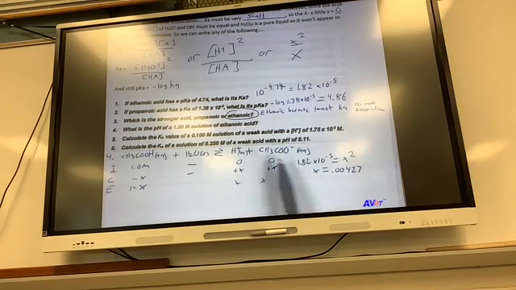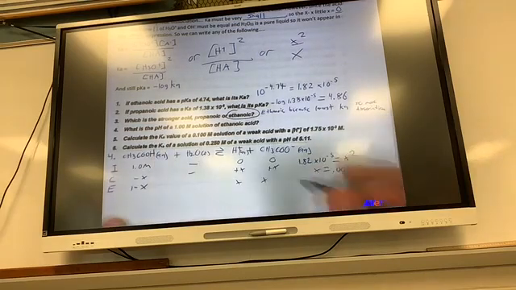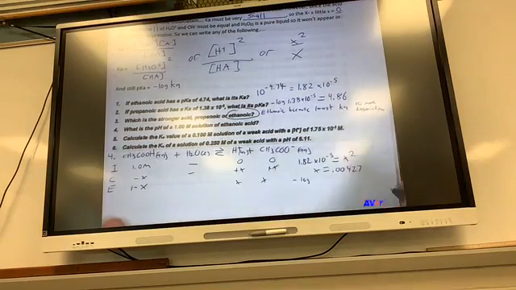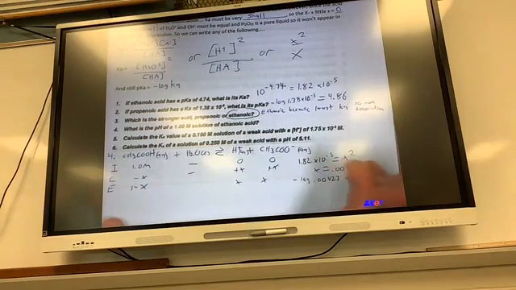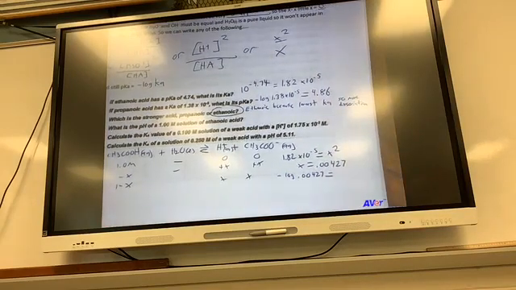On this, I now have the concentration of hydronium. I don't want the concentration, I want the pH. So I have to take a P, so negative log of 0.00427. Wait, pause.